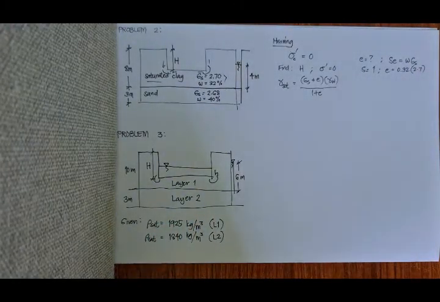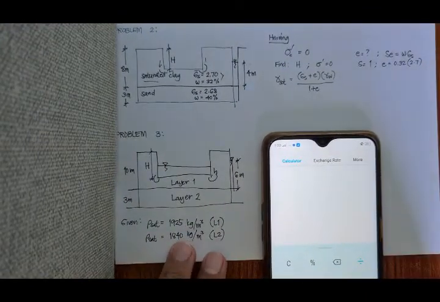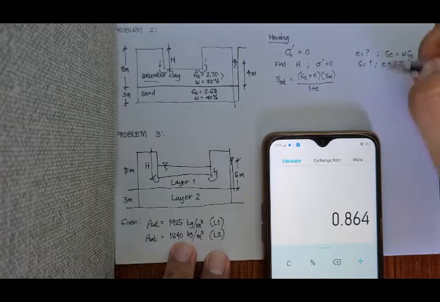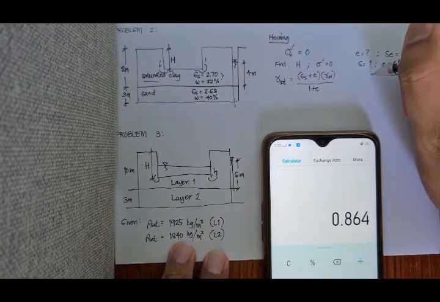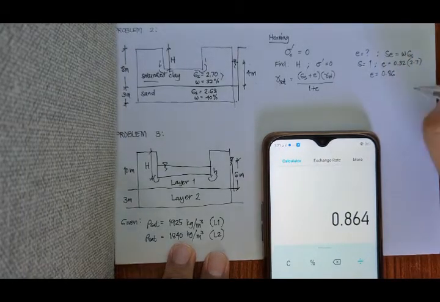Void ratio now would be equal to the moisture content multiplied by specific gravity of 2.7. Now, if that is the case, so clear natin. Meron tayong 0.32 times 2.7. Void ratio now is equal to 0.86 or let's say 0.864.